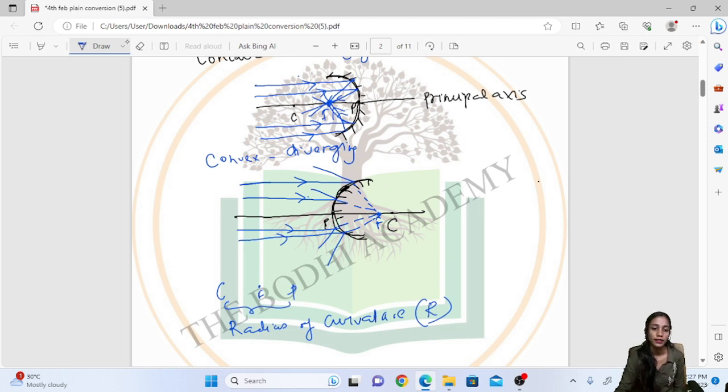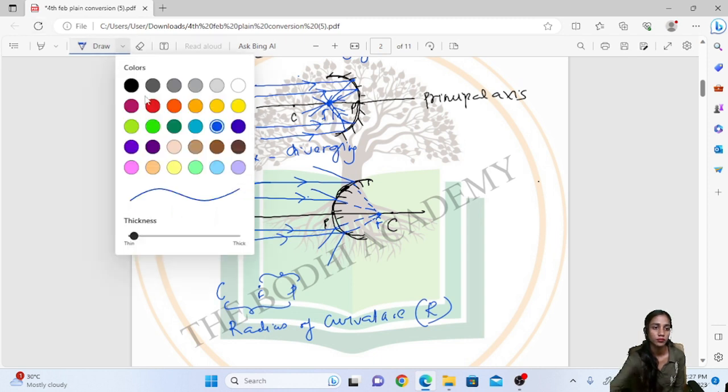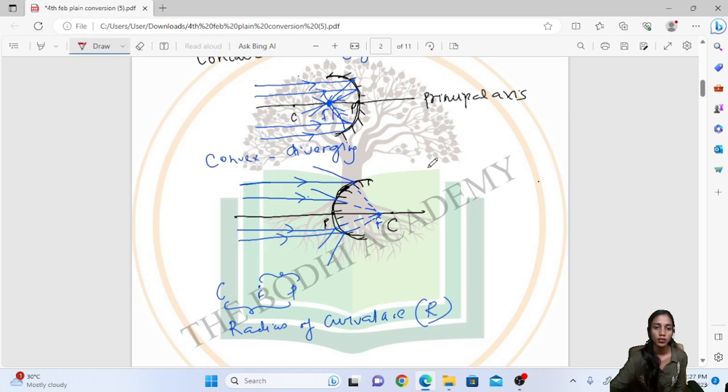The distance between the principal focus and the pole is called the focal length. The principal focus is given by F, and the distance between the principal focus and the pole of the mirror is given by the small letter f, the focal length.